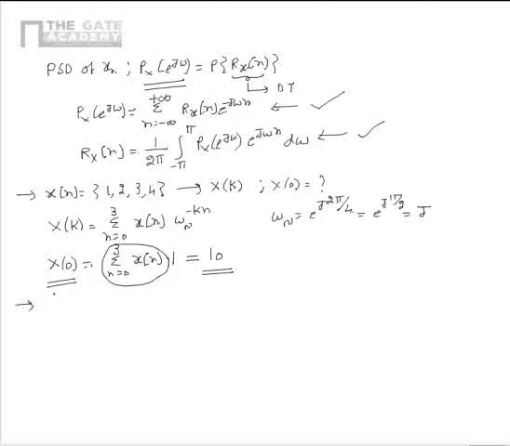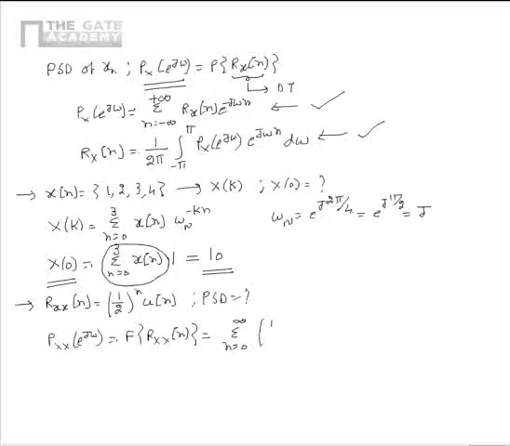Now, let us consider another problem, in which the autocorrelation function of a signal x[n] is given as (1/2)^n u[n]. From this, find the PSD of the signal x[n]. The PSD is given as Px(e^jω), which is the Fourier transform of Rxx[n]. So this can be written as the sum from n equals 0 to infinity of (1/2)^n e^(−jωn).